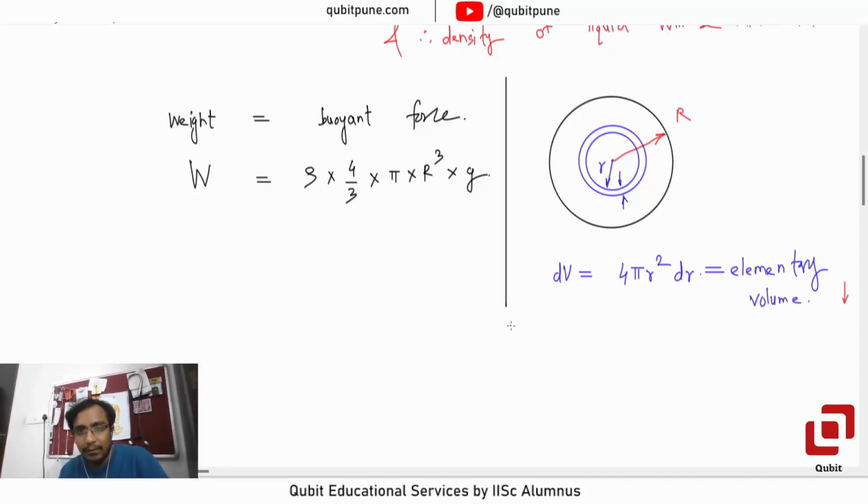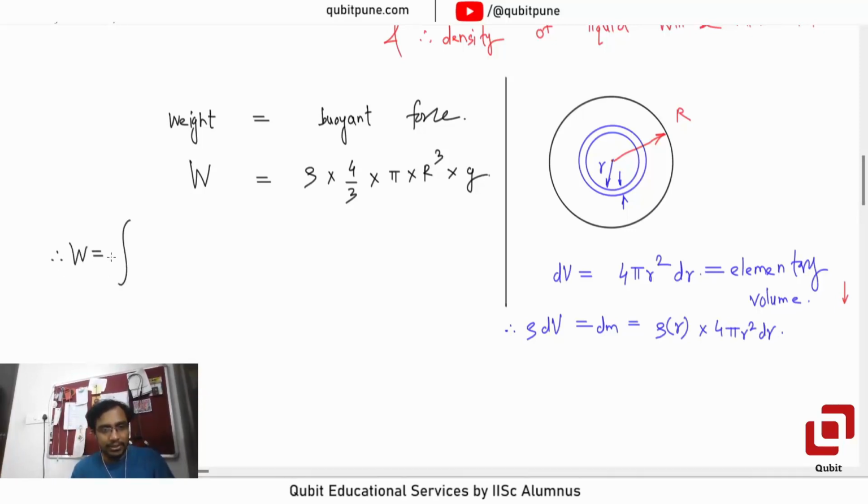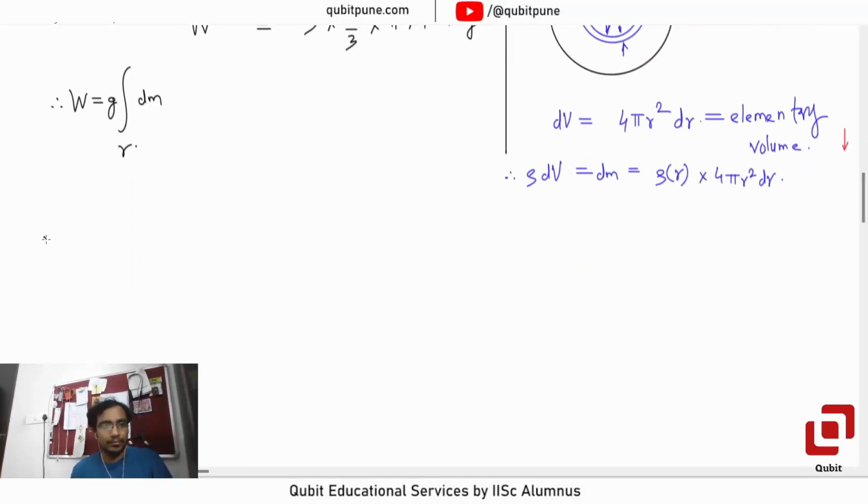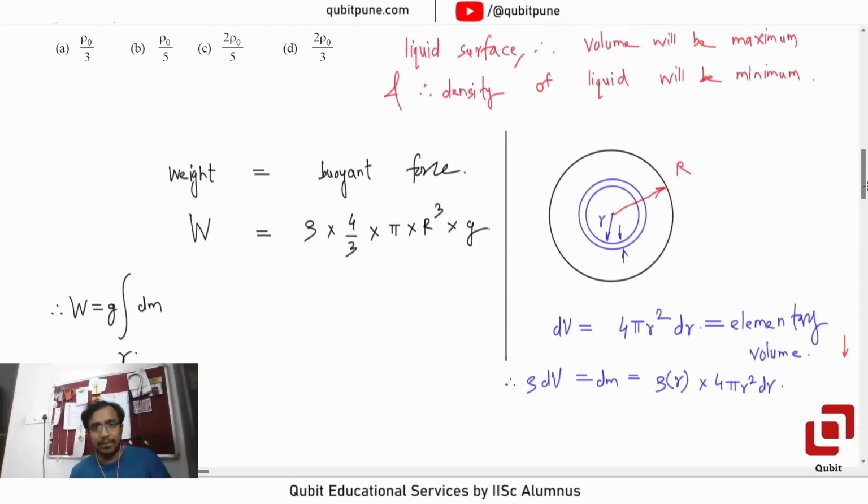From the elementary volume, if I multiply it by density, I will get the elementary mass. So it will be rho of r into 4 pi r squared dr. So what will be the weight? Weight will be equal to g into the integral of dm, with r changing from 0 to capital R. What is the formula?